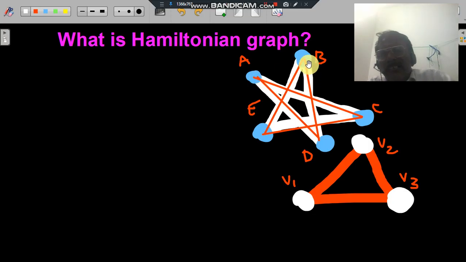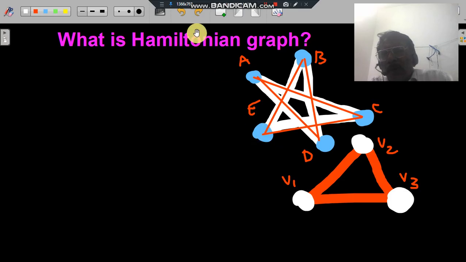So all the vertices A, B, C, D, E appear only one time. I mean, there exists a cycle in which each vertex is covered but only once. So this cycle covers each vertex but only one time.